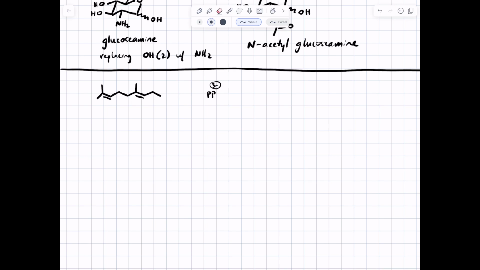Sorry, I meant to just do 2 isoprene units. There's the purple one, and here's the orange one that we talked about last time.